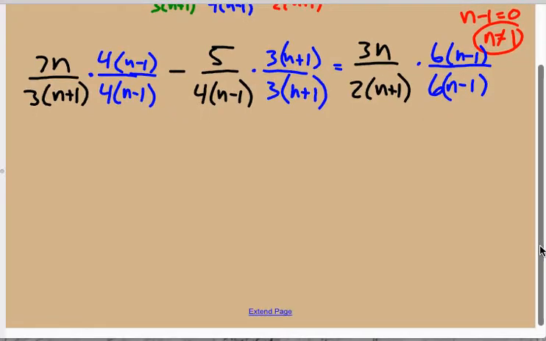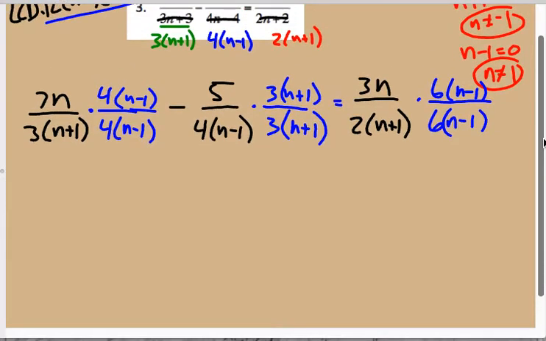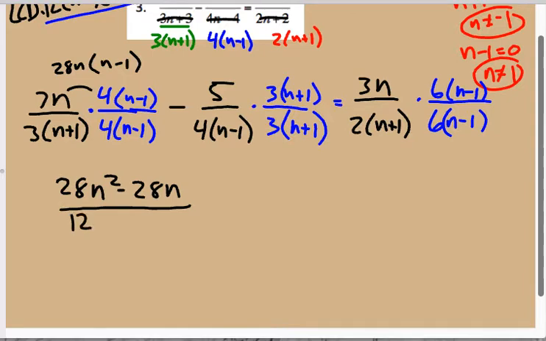Actually doing the multiplying. I'd probably give myself a little room here on top to work. I'd multiply 7n times 4, that's 28n, and then multiply that by the n minus 1. So I'm going to get 28n squared minus 28n all over 12, n plus 1, and n minus 1.